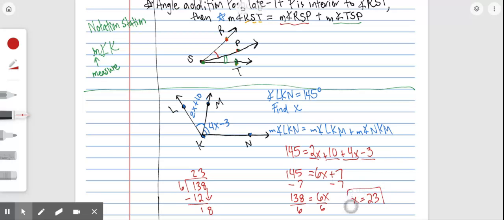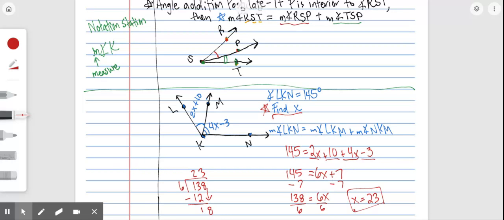So x equals 23. Now, if I had asked instead for angle MKN or angle LKM, then you would plug the 23 in. So don't forget to make sure that you know what you're looking for. I know that tripped somebody up on the practice work the other day. So make sure that you read carefully if you're looking for the variable or if you're looking for the full measure.